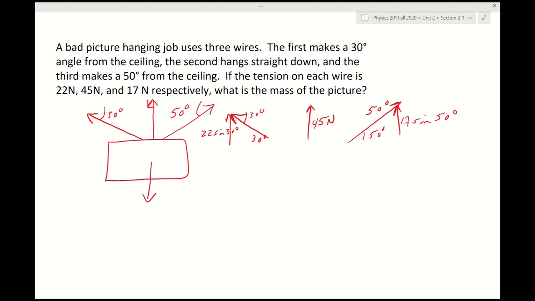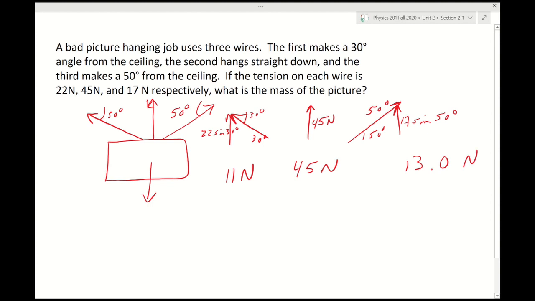So this is going to give us 11 newtons. This is 45 newtons. And this is giving us 13.0 newtons. If you add these up, you have a total of 69 newtons for the vertical force of tension.